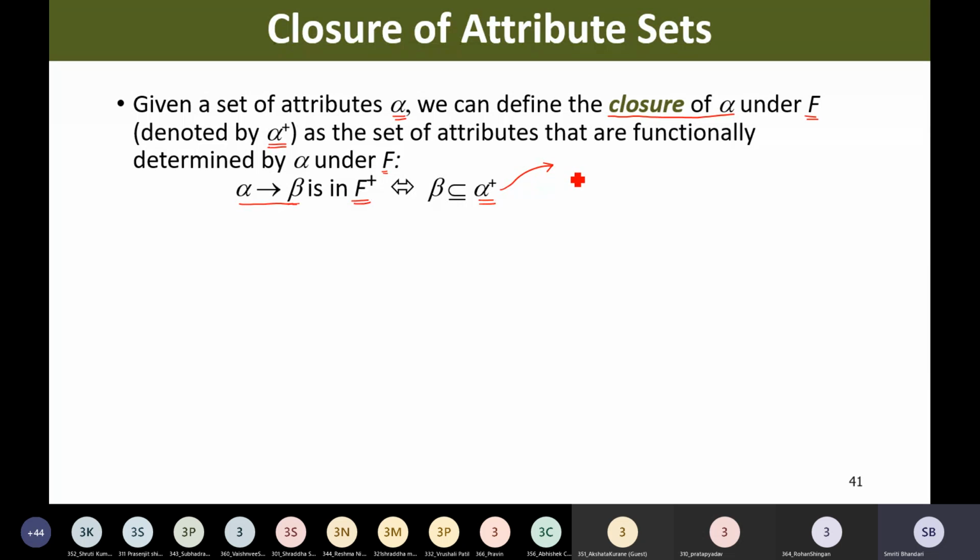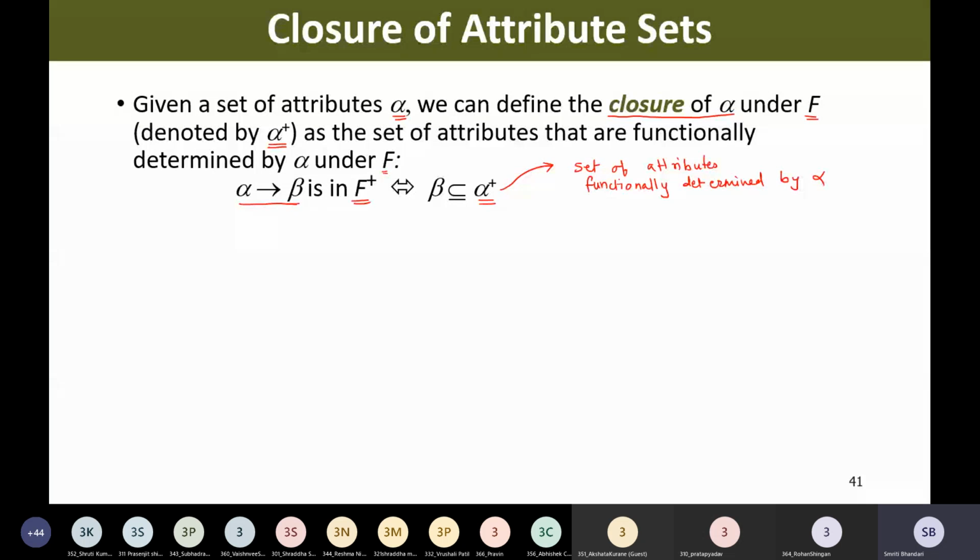Alpha plus is the closure of alpha under the given set F, and this alpha plus denotes the set of attributes that are functionally determined by alpha.